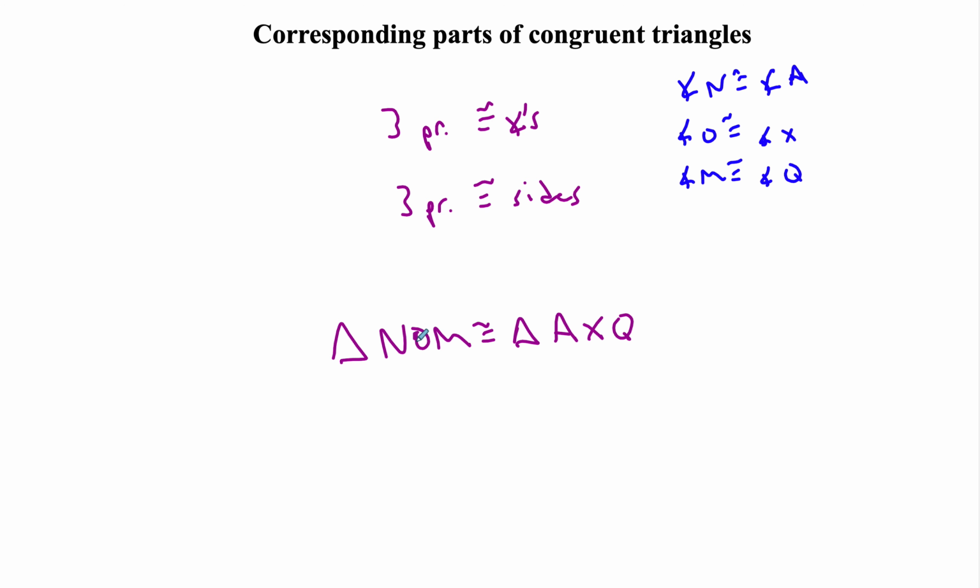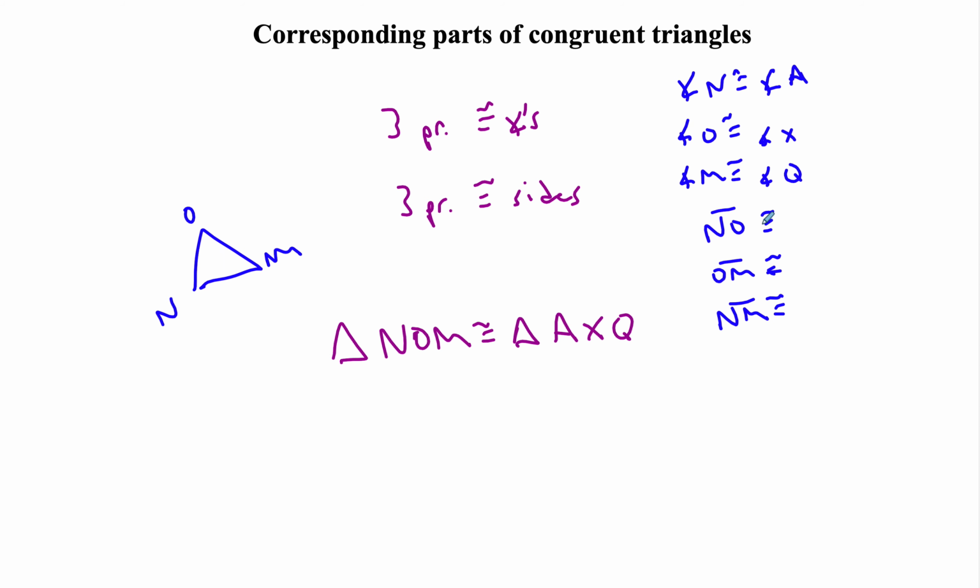So what are the three sides of NOM? Well, there's going to be NO, first two letters, OM, next two letters. And what's the last side? NOM: N to O, okay, O to M. The last two. So first two letters, last two letters, and then the first and the last make up the corresponding sides.